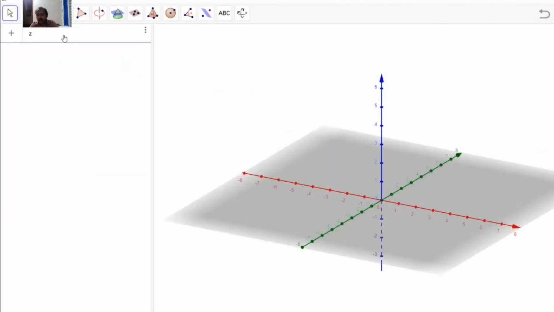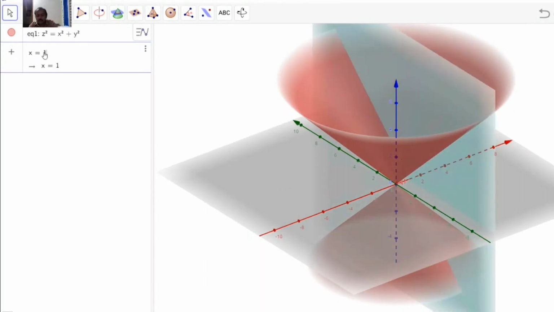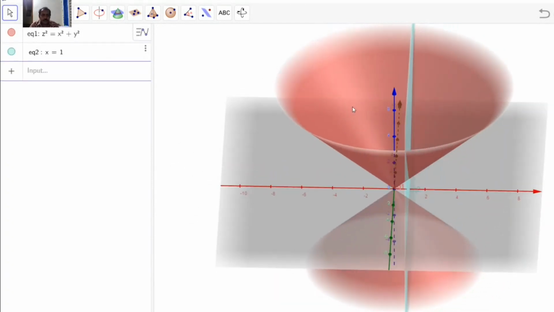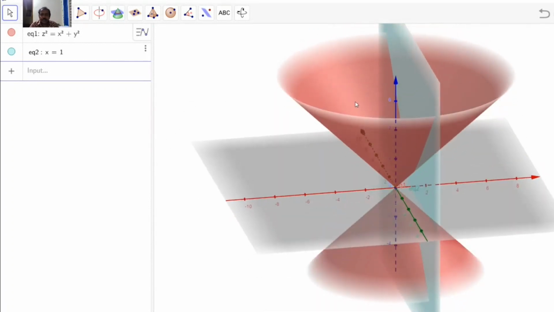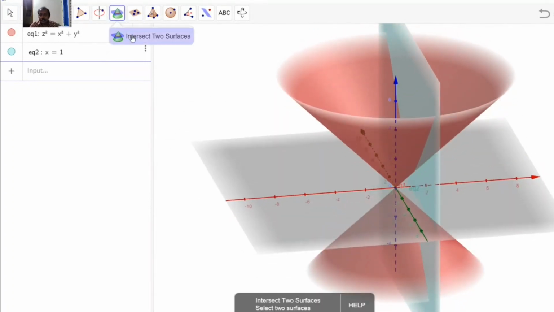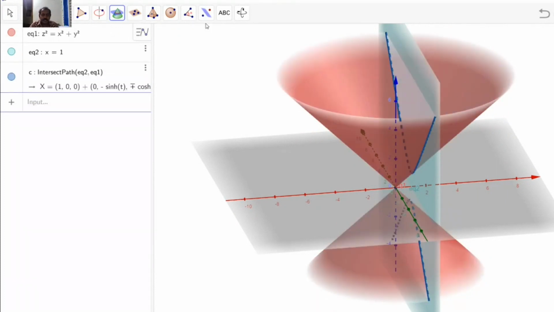So consider the cone z square is equal to x square plus y square. X equal to 1 is a plane parallel to the axis of the cone, and you consider the curve of intersection of the two surfaces, and you can see that it is a hyperbola.